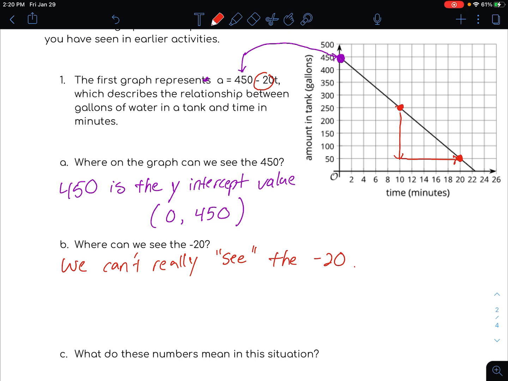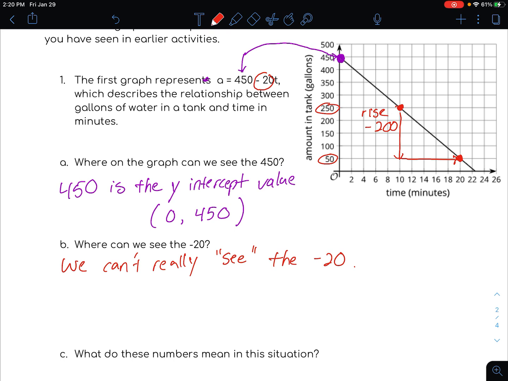Since we went down, the question is how much did we go down? Notice that the scale over here is going by 50s. So we went between 250 and 50. That was what we call a rise, but not really a rise because it's going down, so think of it as a negative rise.